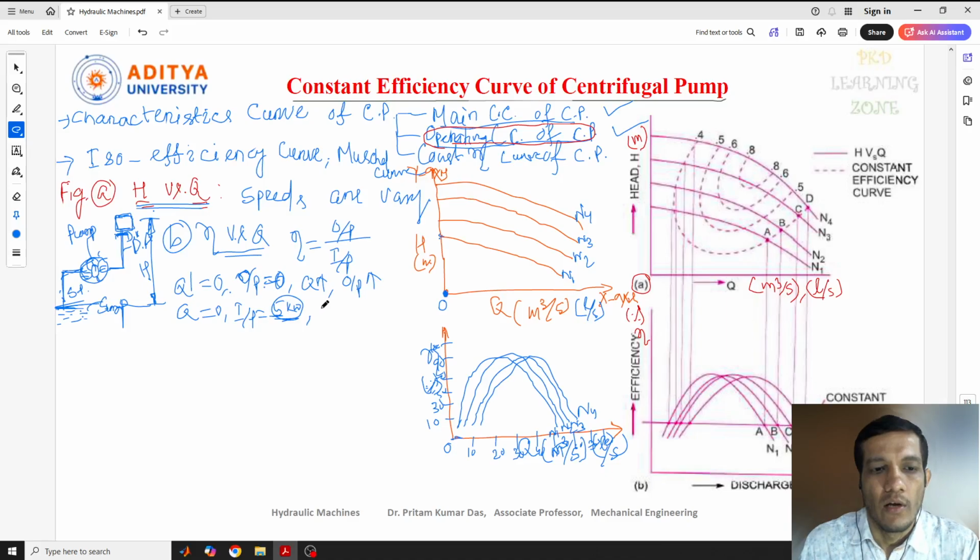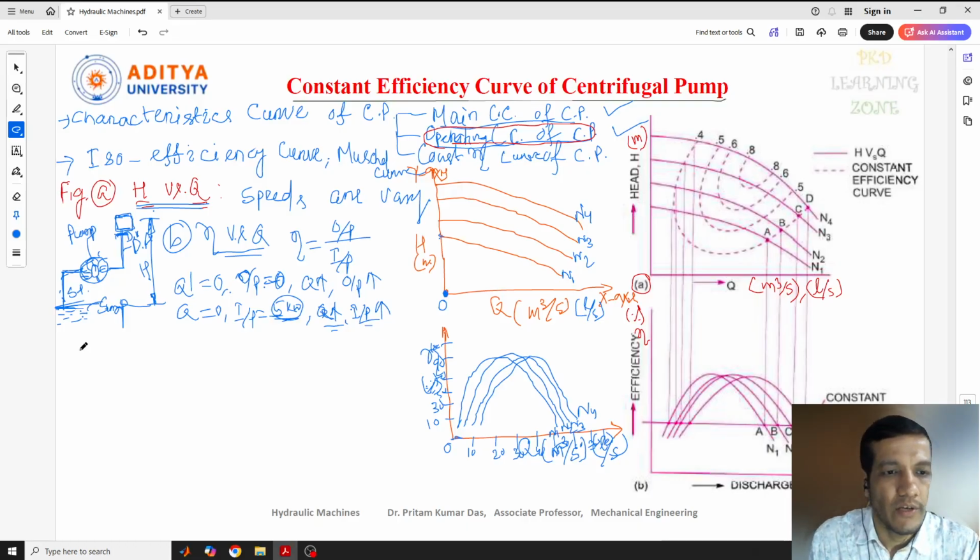But after that, if your discharge is increased, your input power also increases. That means how much mass of water is flowing through the pipe. To flow more water, to discharge more water, obviously we require more power. This is a very simple concept.